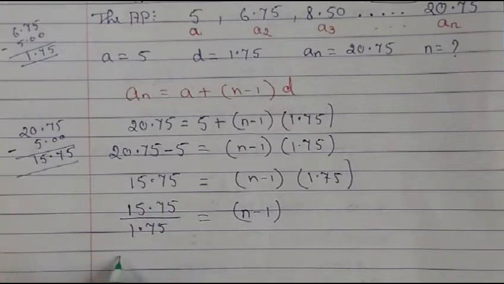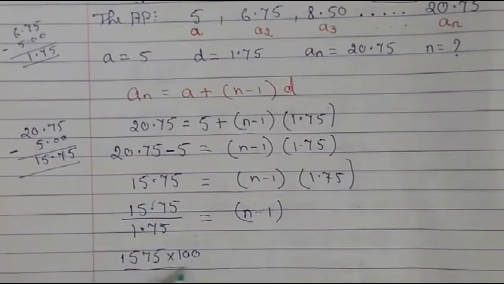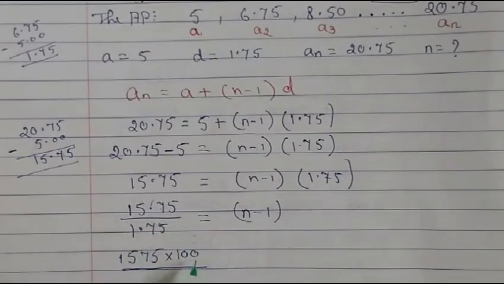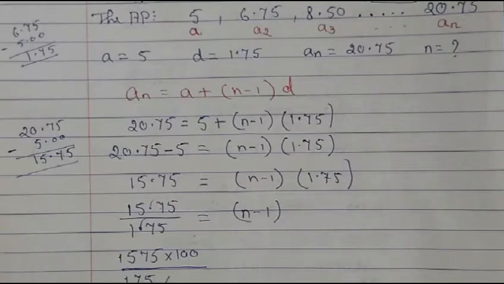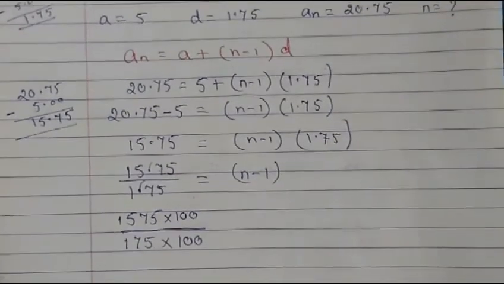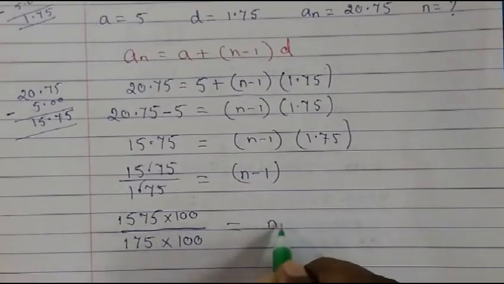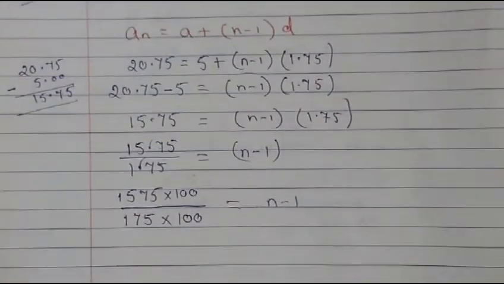So to remove the decimal, we multiply by 100. The same way here also, because there are 2 digits, so 2 zeros. So here also we remove the decimal, so we'll have 175. So after the decimal 2 digits, so we'll multiply with 100. Okay, so now we have n minus 1. Now the 100 gets cancelled.